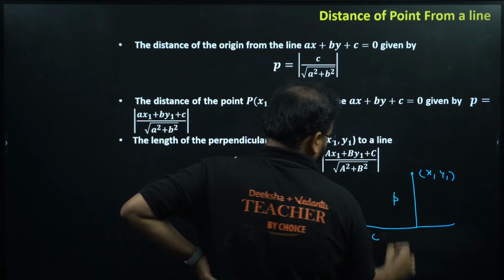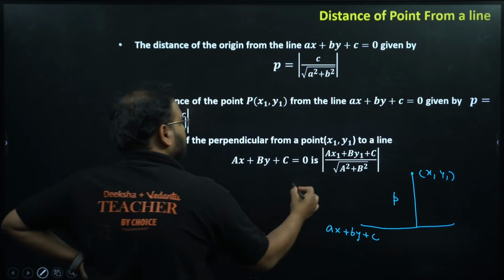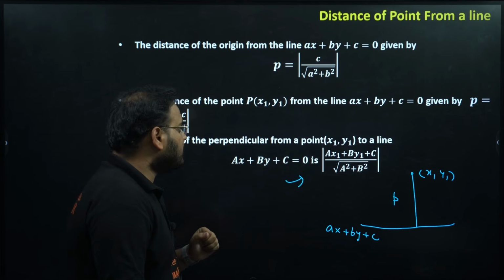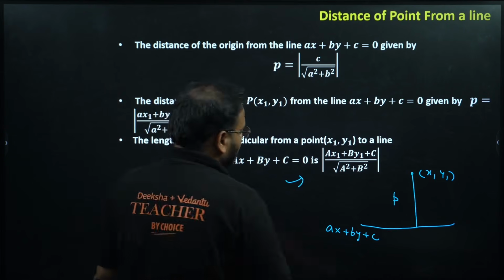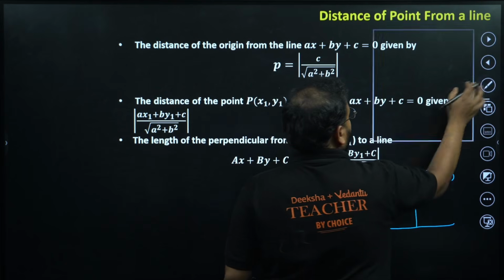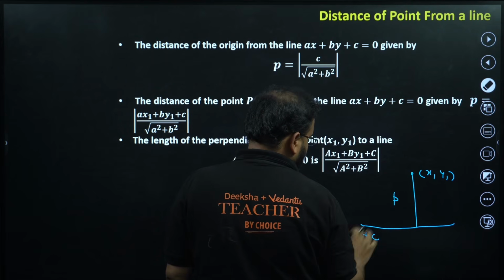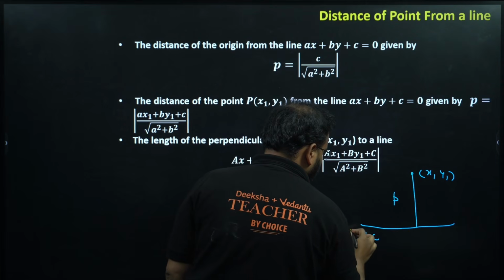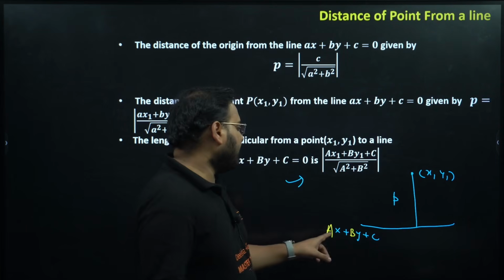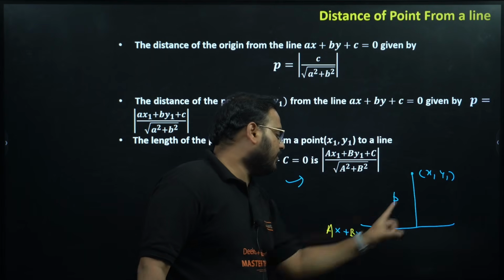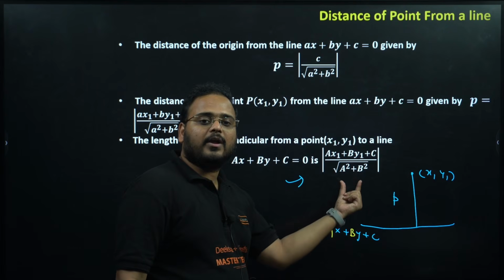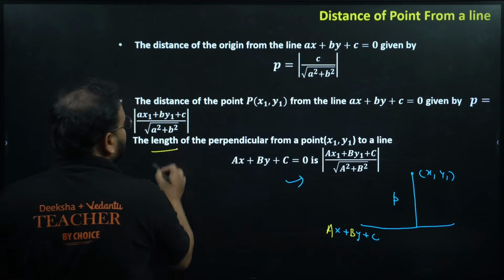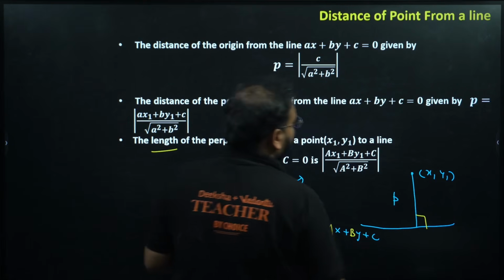In this case, the capital A is taken, but I hope you get the point. Let me write in that format only. The answer is given by a times x1 plus b times y1 plus c, divided by the square root of a squared plus b squared. This is the formula for the length of the perpendicular from the point to the given line.